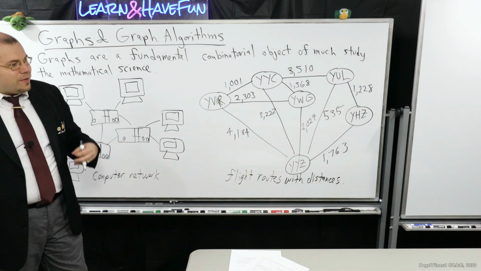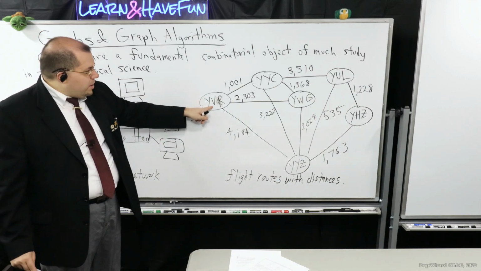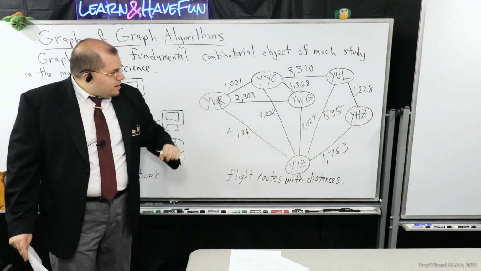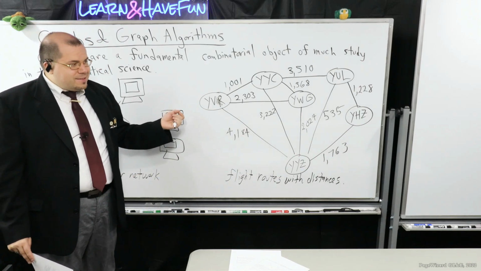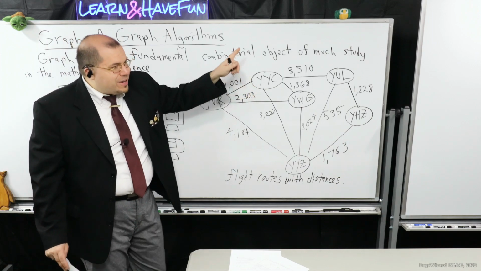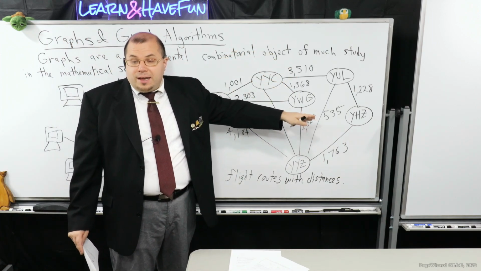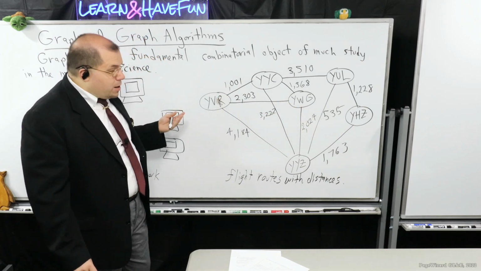So you can see if ever I wanted to say find the shortest route from say YVR to YHZ, you can look at these distances and try to figure out what pathway or which sequence of connecting flights gets me from YVR to YHZ. So you can see, for example, there's at least one way to get there.